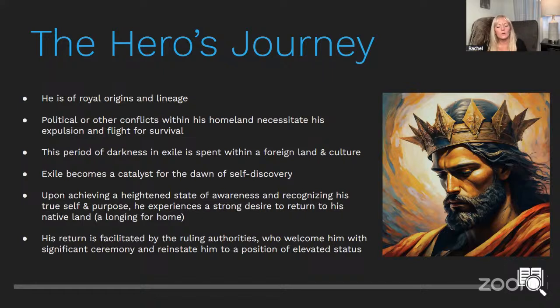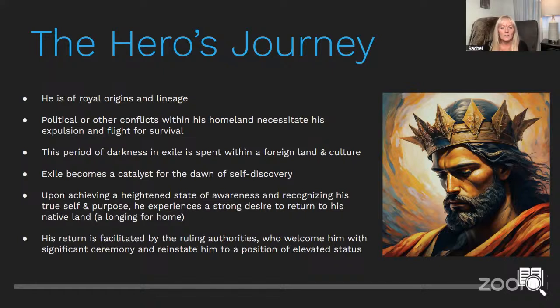And he has to go through all these similar trials and errors and learning who he is, in order to get the pearl, which may be similar to other things that are of great worth, and then return home. And he returns to glory and light. It's a great story. Maybe I can send a link to it for you guys.